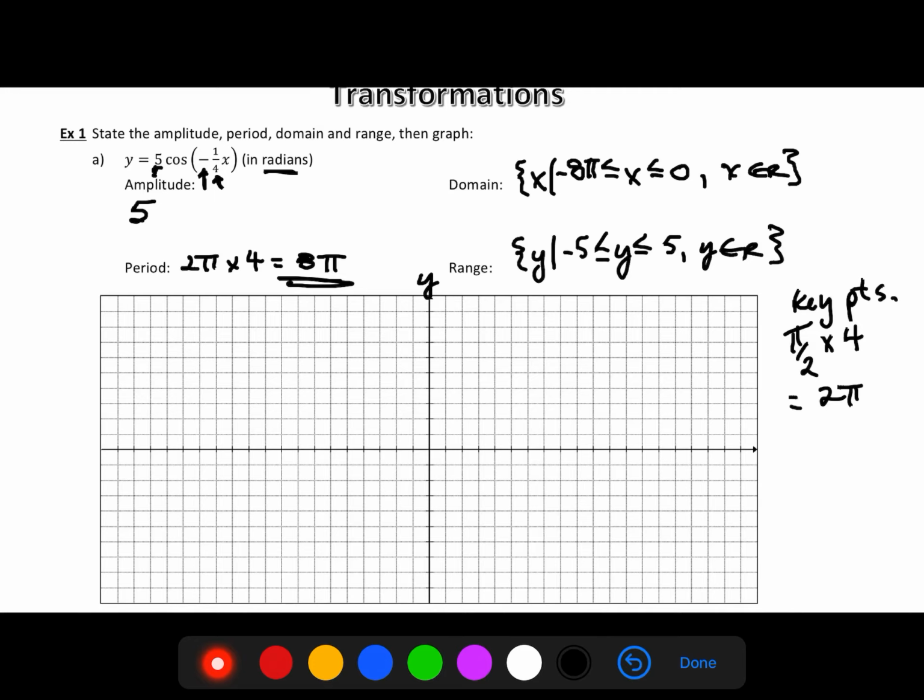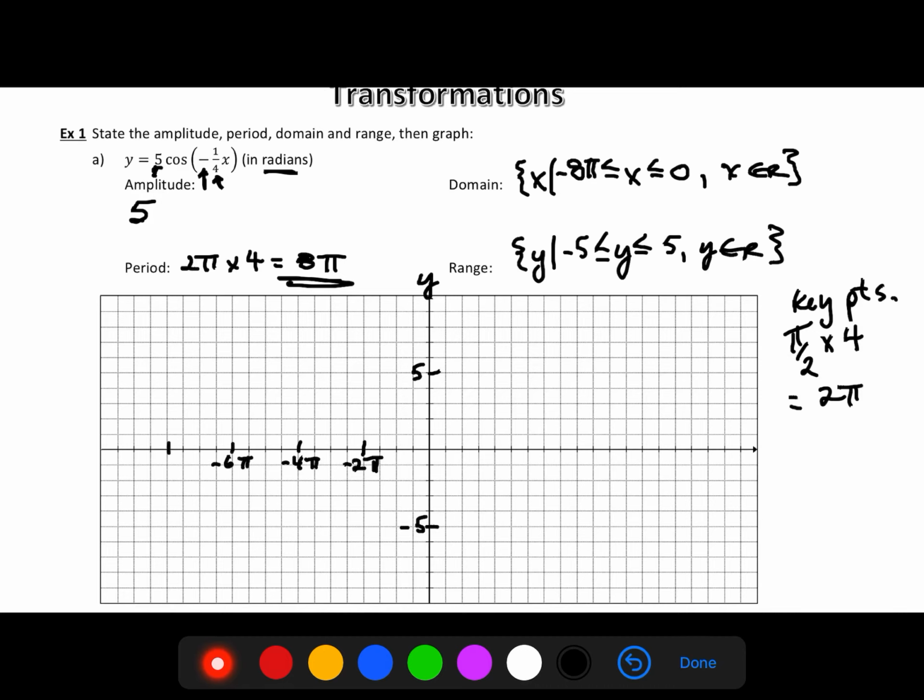In radians, our key point is 90 degrees or pi over 2, but we're multiplying by 4. So key points are going to happen every 2 pi. So we need to go up to 5, which in this case we can go by 1s on our y-axis.